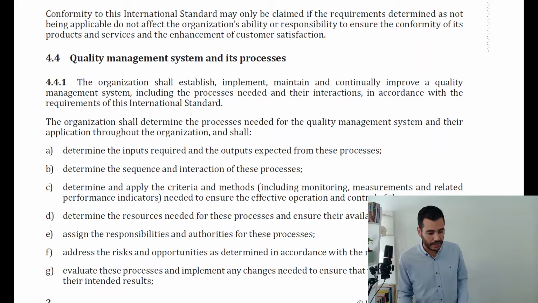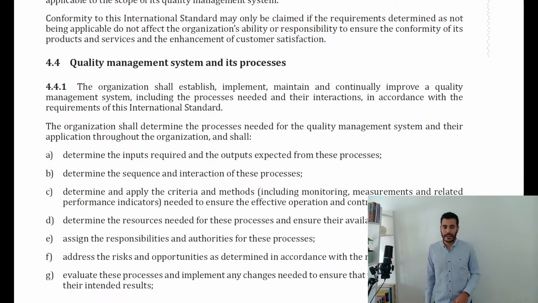So, as I have mentioned earlier, if, for example, you're choosing the scope of certification to be supply and distribution of medical devices, then you have to consider all the requirements of ISO 9001 for that particular section within your organization.